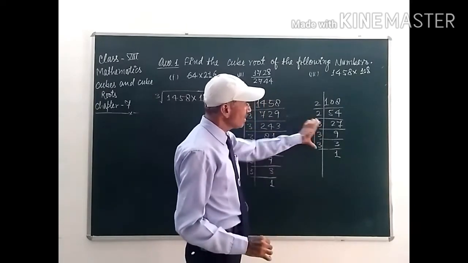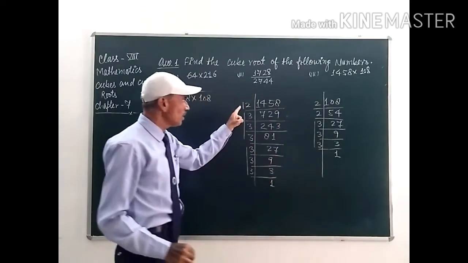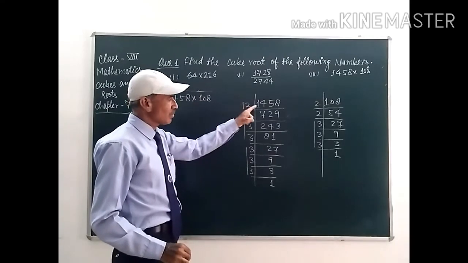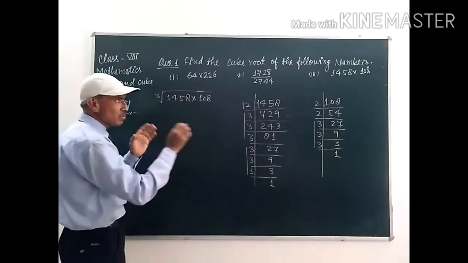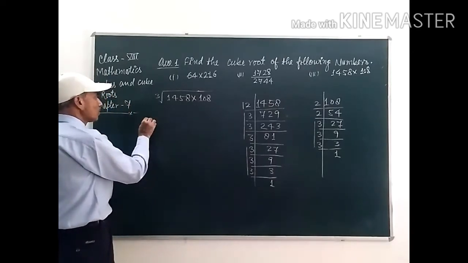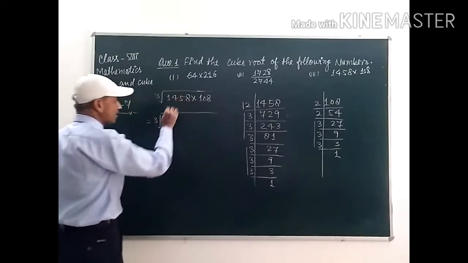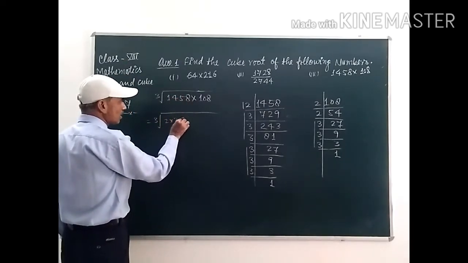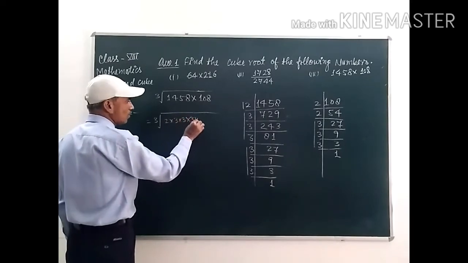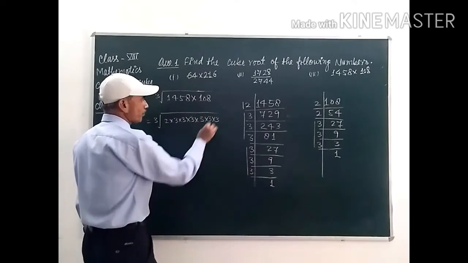So, group of 3 is completed here, but group of 2 is not completed here, and 2 is 1 time in this group. So, we are going to write the prime factors of these two numbers, okay. So, cube root of their factors, that is 2 into 3 into 3 into 3 into 3 into 3 into 3.